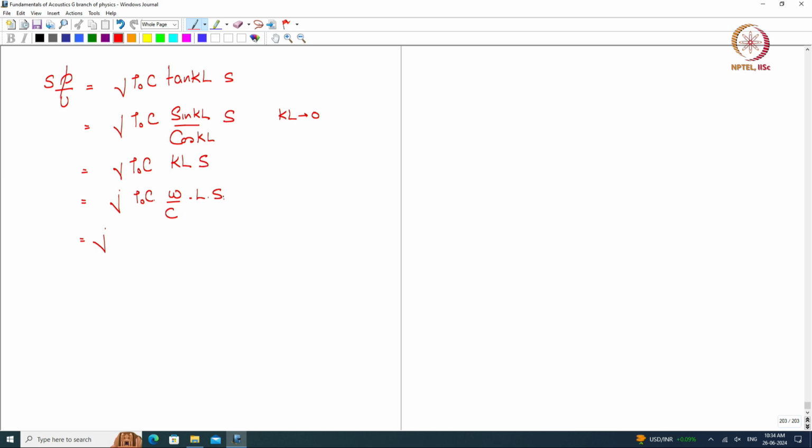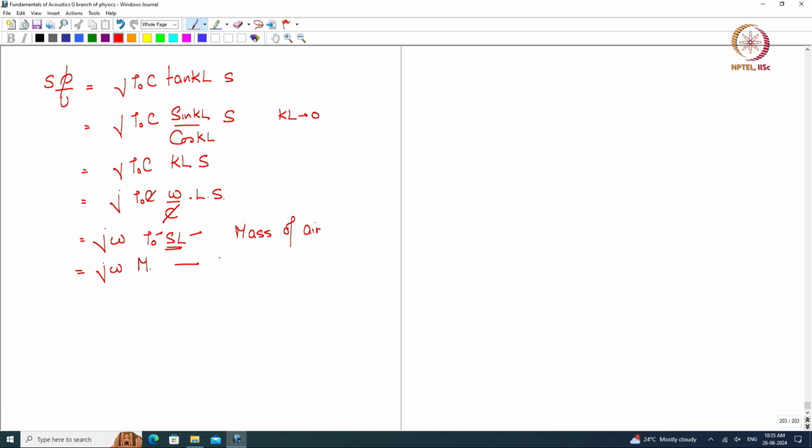Okay. So, then what happens? Then we have j omega into rho 0 into SL. SL is the volume of the pipe, rho 0 is the mass of air in the pipe. So now this is j omega times mass of air in the pipe.